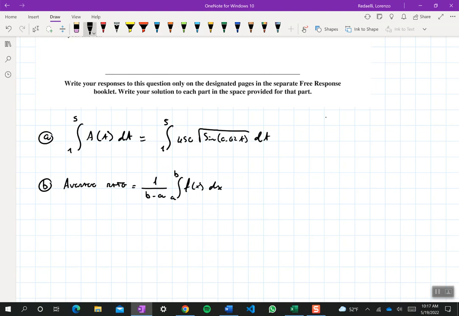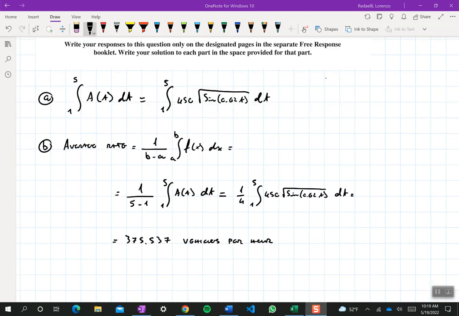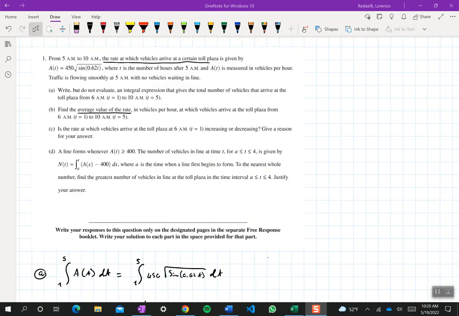Substituting in terms of the problem, b is equal to 5 and a is equal to 1, so 1 over 5 minus 1 times the integral from 1 to 5 of A of t dt. Plugging everything into our calculator, we find that it is equal to 375.537 vehicles per hour.